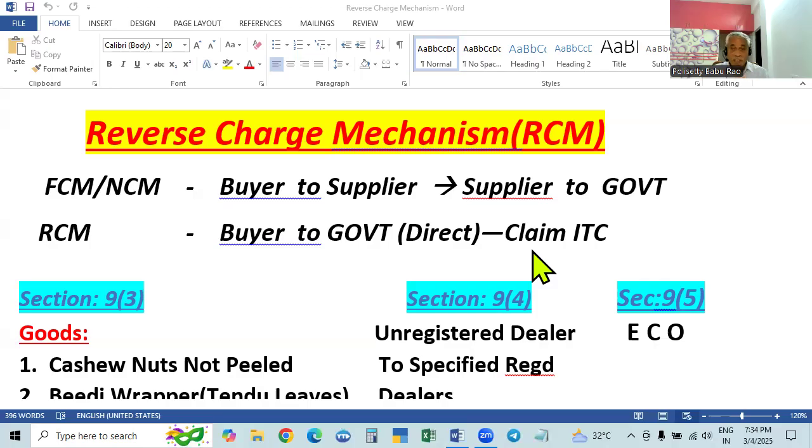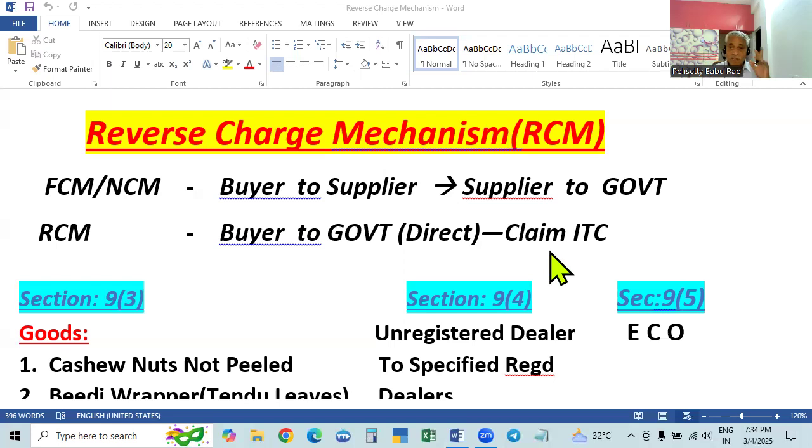The recipient will pay the total amount of the invoice, that is the taxable value plus GST. The total amount you will pay to the seller, and the seller will pay only the tax to the government. The taxable value he will retain, and the GST he will pay to the government with our GST number.